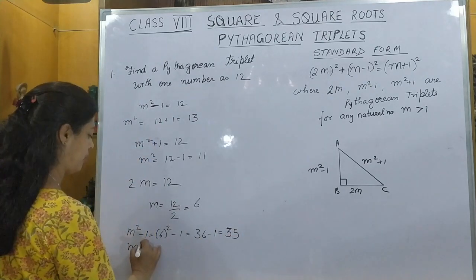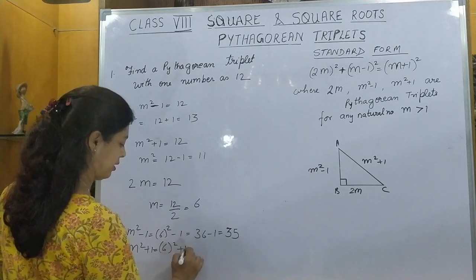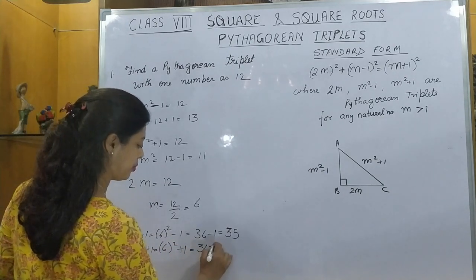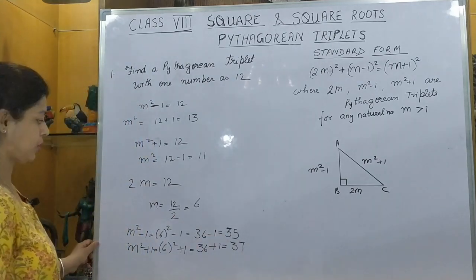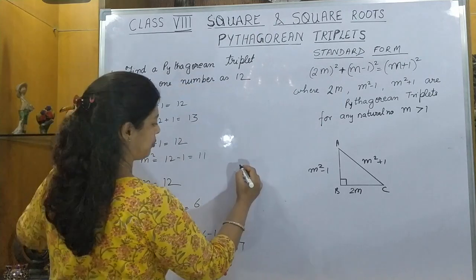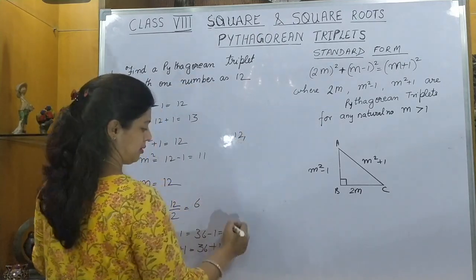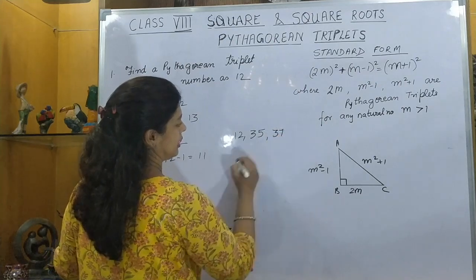M square plus 1, which is equal to 6 square plus 1, that is 36 plus 1, which is 37. So my Pythagorean triplets will be 12, the number given to me, 12, 35 and 37.